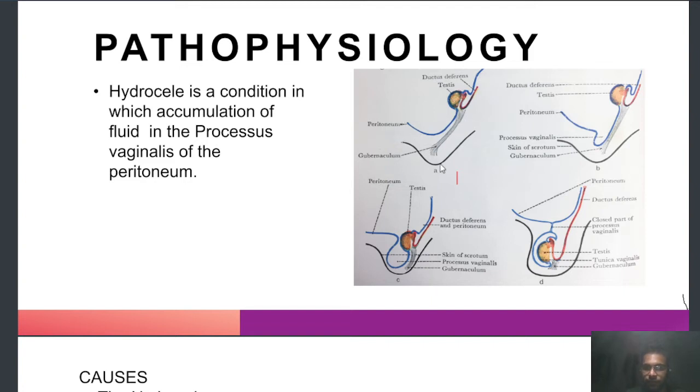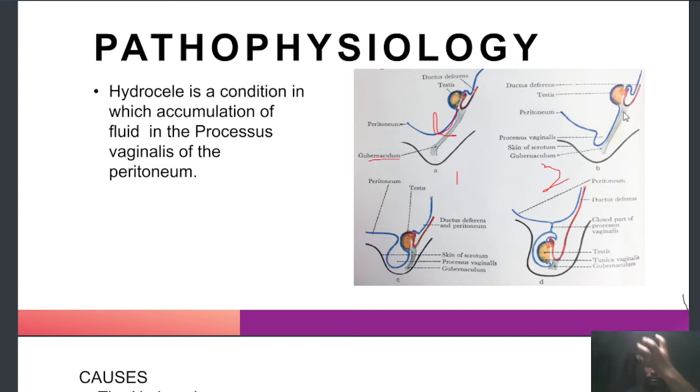This is the scrotal sac, and it is attached with a muscle known as the gubernaculum. It is this muscle, the gubernaculum, which pulls the testes down from the abdomen to the scrotal sac. This gubernaculum right here is now trying to pull the testis down from the abdominal cavity. So here is stage 2.